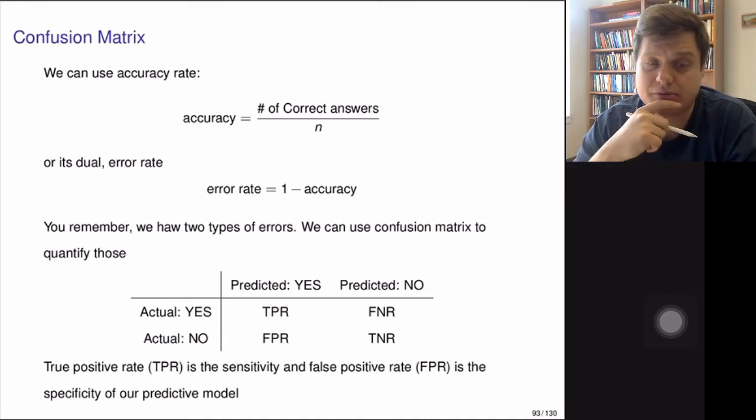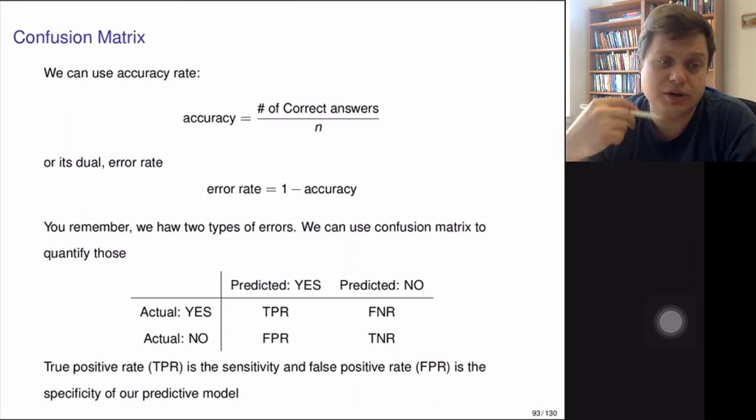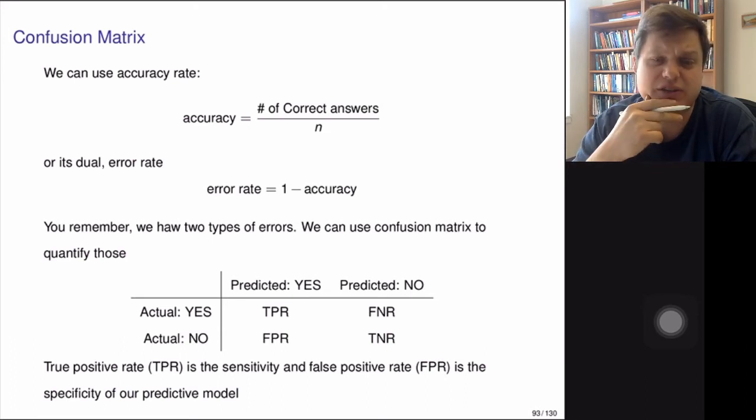If you label a healthy person as sick, the person gets a positive test, you can redo the test, or you can re-examine, and eventually you will find out that the person is healthy.